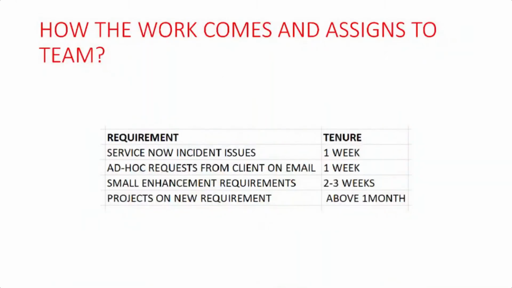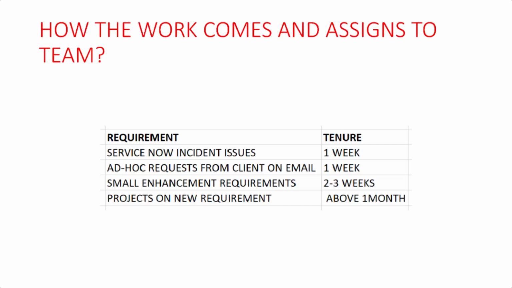How does work come in and get assigned to the team? We have seen one example, ServiceNow incidents. Issues raised by the production support team are assigned to a team member to work on. It will hardly be 1 week to take the task, analyze, and fix it.